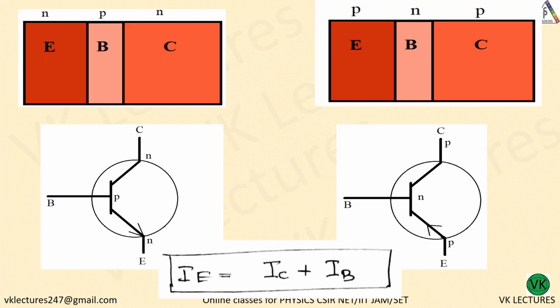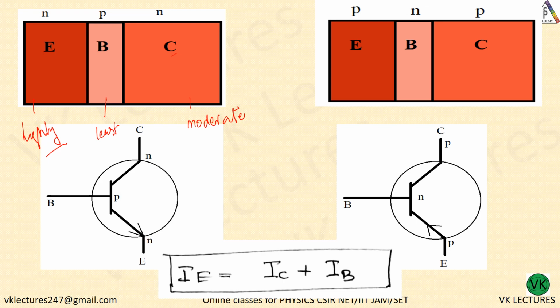See, the colors I have given are based on the order of their doping. The base is least doped, then comes the collector, moderately doped, and the emitter is highly doped. Now the areas covered by the emitter, base and collector are also given in this picture.